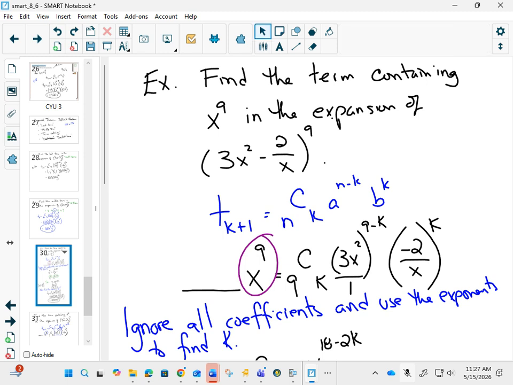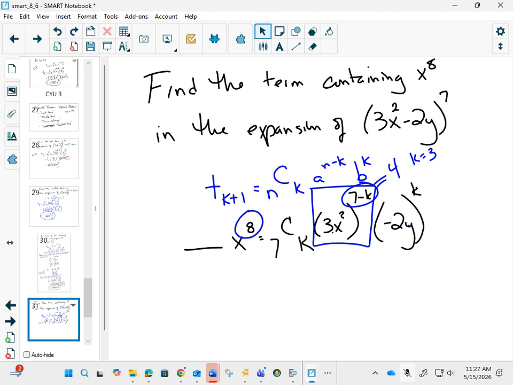And then, okay, so this one, I'm not going to go further, but it's really easy to see that you have to find term 4. And this one says find the term, so you'd have to keep going, but that part is the easy part. The hard part is finding out which term it is.